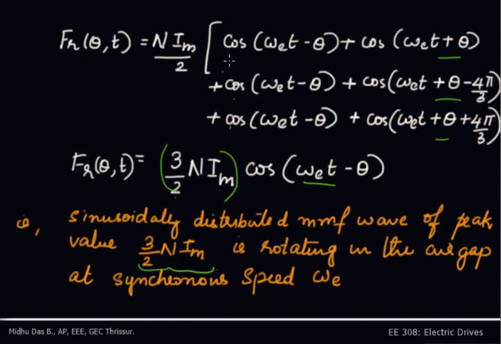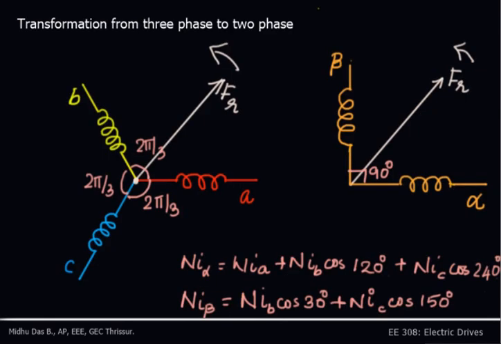So 3-phase MMF is converted into a space phasor with a magnitude of 3 by 2 times Fmax, and it is rotating at synchronous speed omega e. This is space vector transformation.